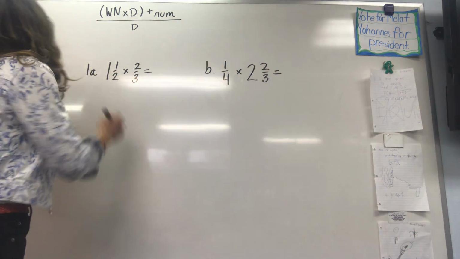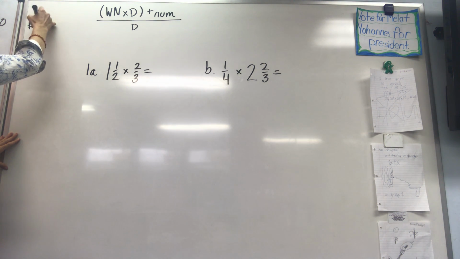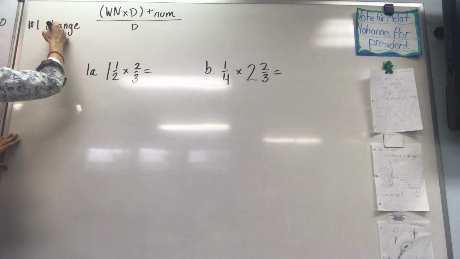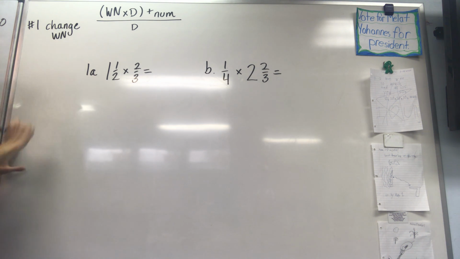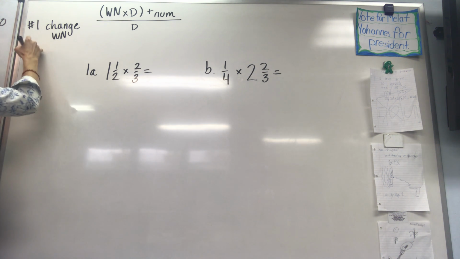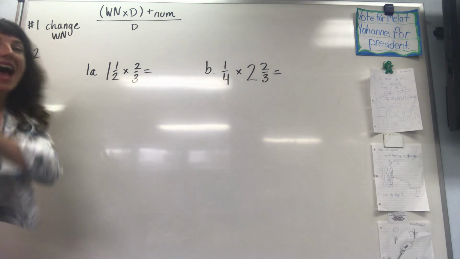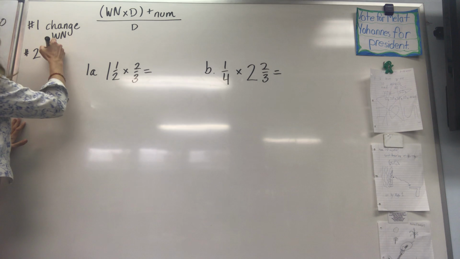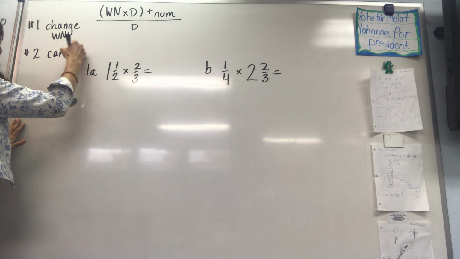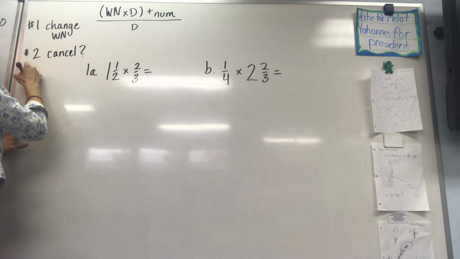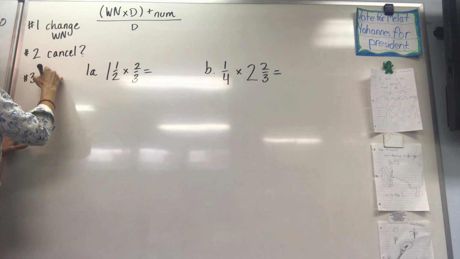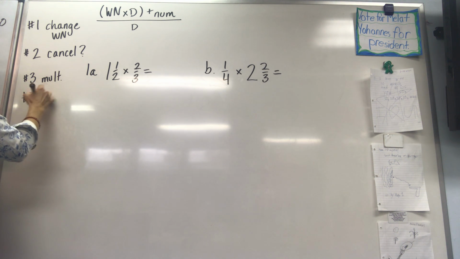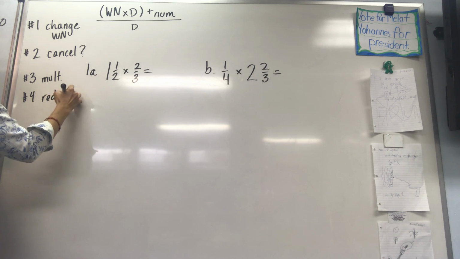So step 1, change the mixed number, okay? And then step 2, see if you can cancel, okay? Step number 2, cancel, question mark. Step 3, multiply, and step number 4, reduce.